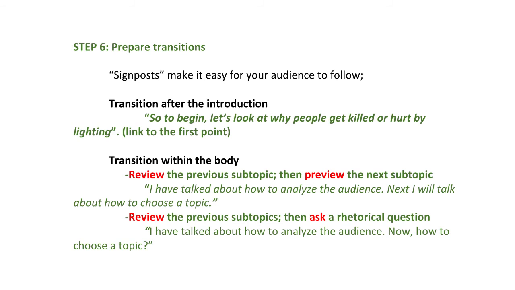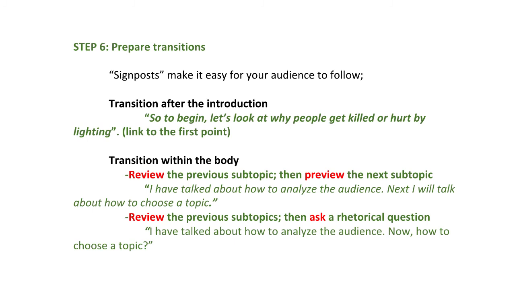As you can see from this example. So, to begin, let's look at why people get killed or hurt by lightning. See, the signal word is to begin, right? And for this clause, let's look at why people get killed or hurt. So, this is something that is linked to the first point.